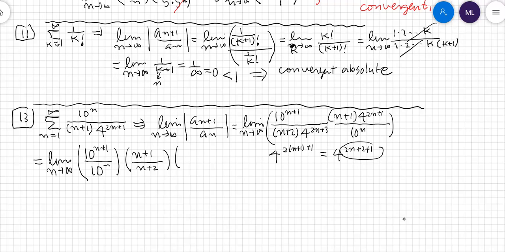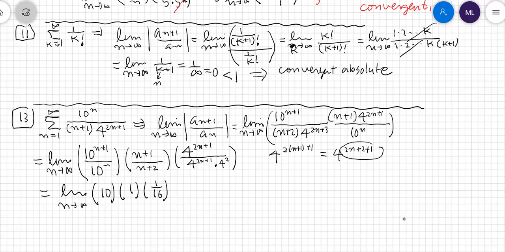You put the like terms together. 4 to the 2n plus 3 over 4 to the 2n plus 1 gives 4 squared. So the limit as n goes to infinity, everything cancels to 10 over 16, which is 5 over 8, less than 1. So absolute convergence.